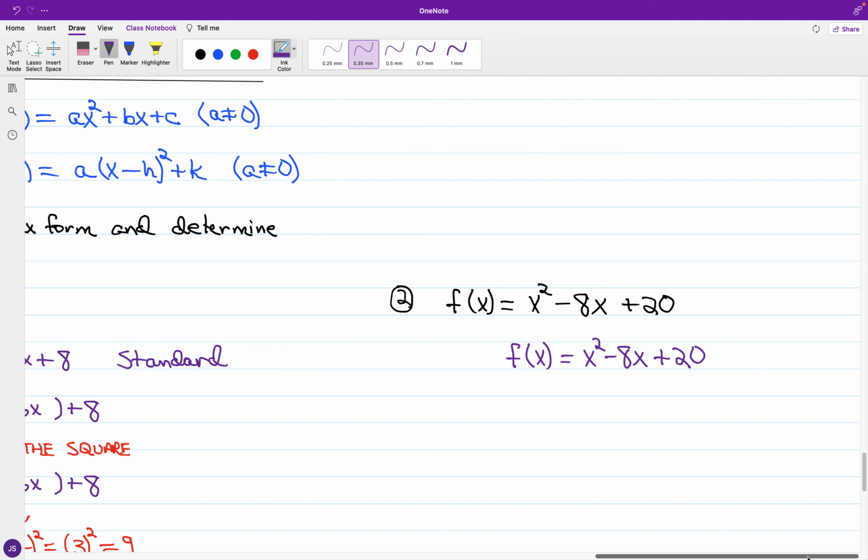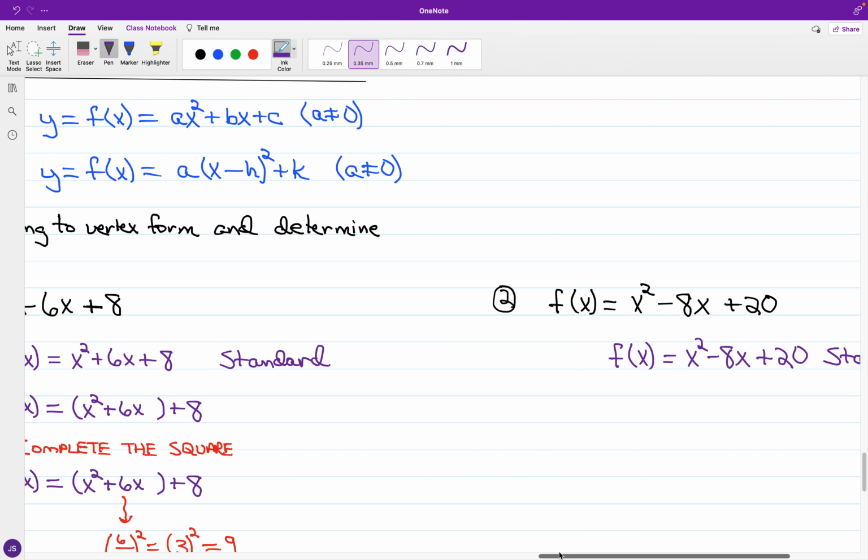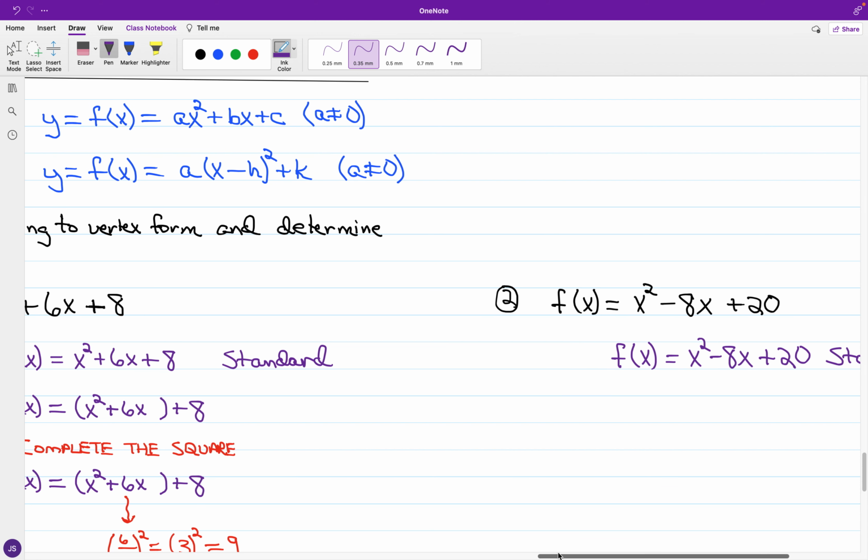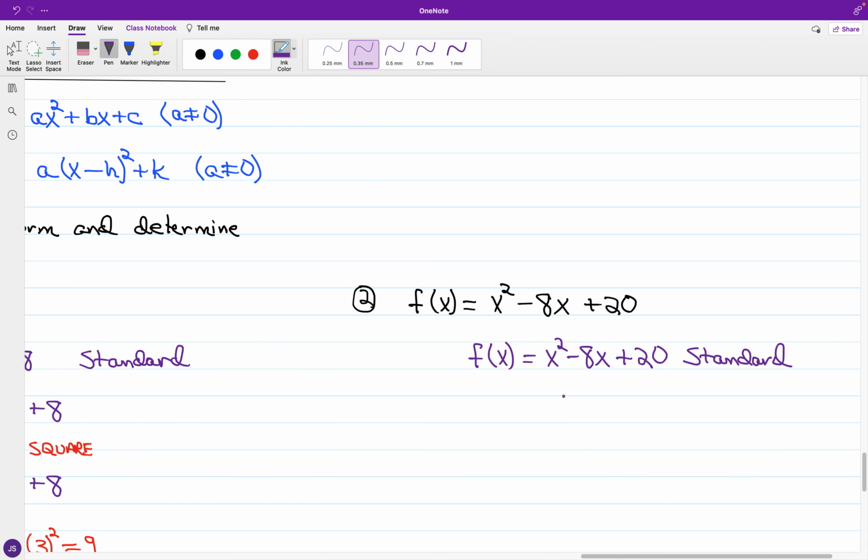Once again, you're going to have the standard form, and I want to write this in terms of the vertex form. So I'm going to form a squared trinomial, and this will originate from the variable terms which I have with x squared minus 8x. And just as I had separated x squared plus 6x apart from 8, I'm going to do likewise with x squared minus 8x with respect to 20.